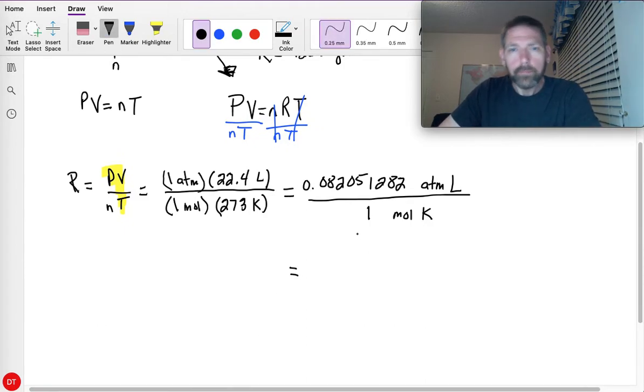Okay. So any number by itself is just basically 1, right? And so essentially, we don't need this 1, and we technically don't need that right there. So if you think about it, we've got 0.08205.